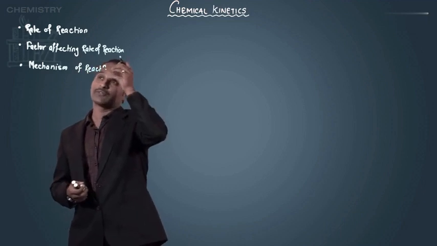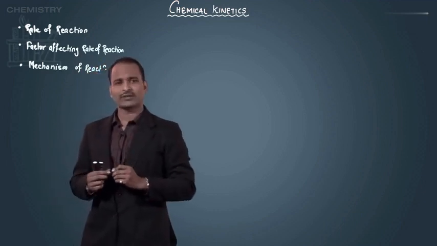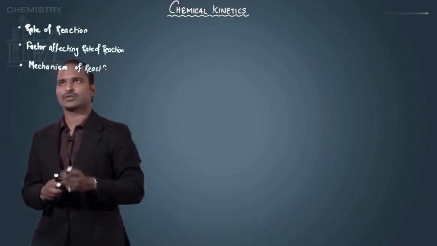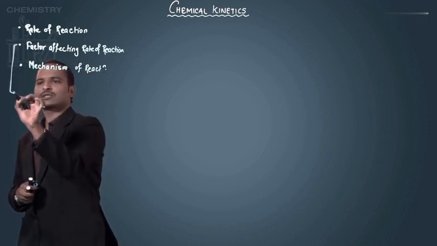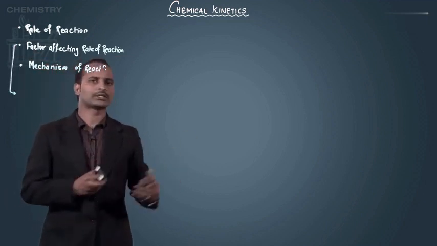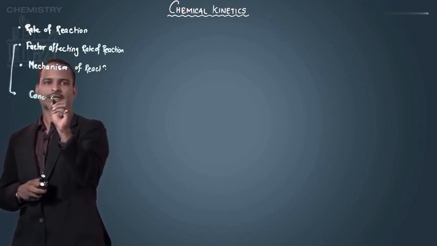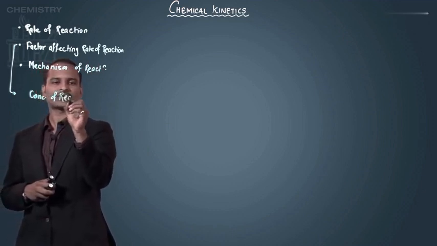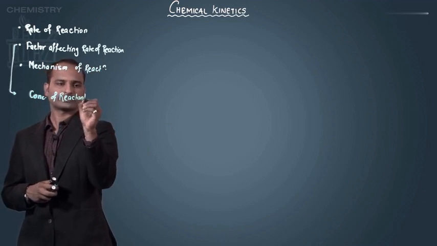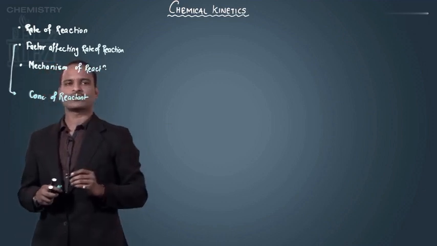Now I'm talking about the factors affecting the rate of reaction. We have certain factors which affect the rate of reaction, about which we are going to learn in the chapter. The first factor, and a very important one, is the concentration of reactant.